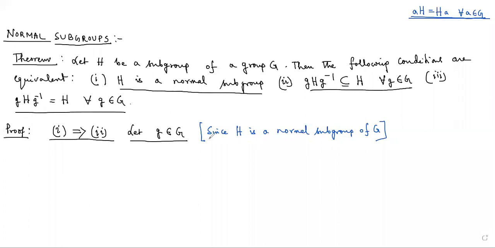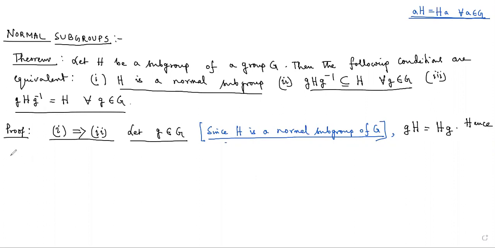Okay, so since H is a normal subgroup of G, we are considering an element of capital G. We denote this element by small g, and for that we must have gH equal to Hg by definition of the normal subgroup.